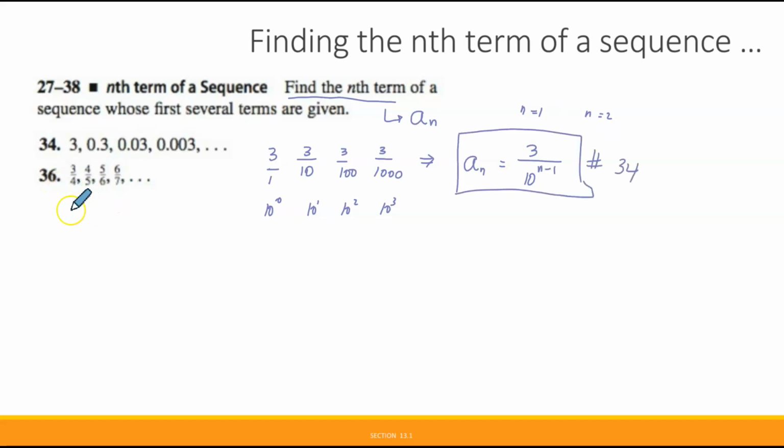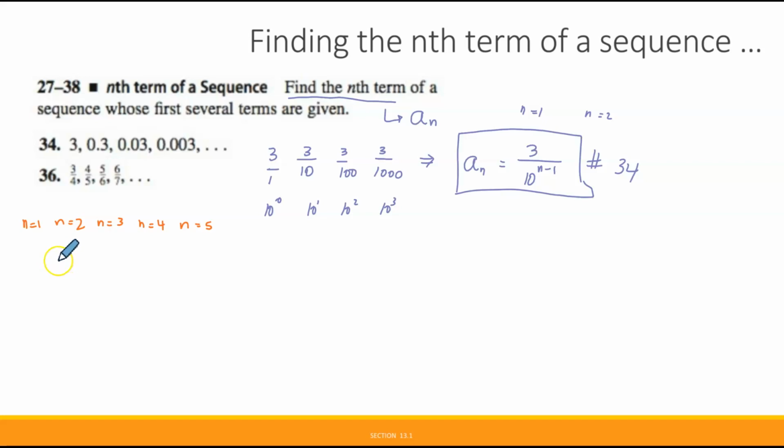Let's look at problem 36. We always have to remember what values n can be. n can be 1, n can be 2, n can be 3, n can be 4, n can be 5. That's the domain of our sequence. What we have to do is figure out, if n are these numbers, how can I use that to get these numbers? If n is 1, 1 plus 2 is 3.